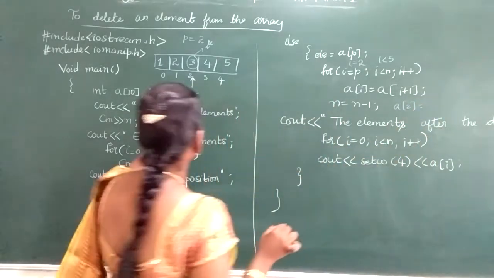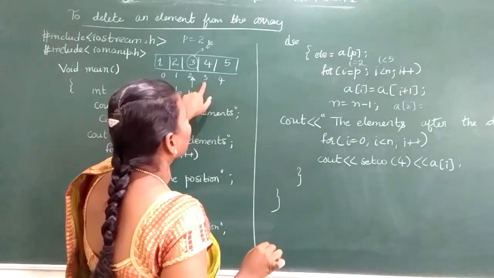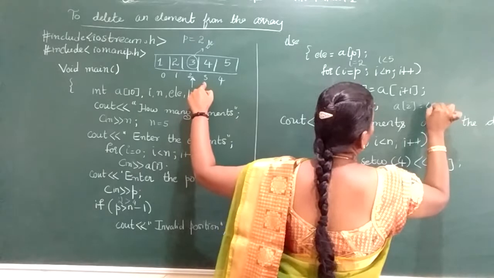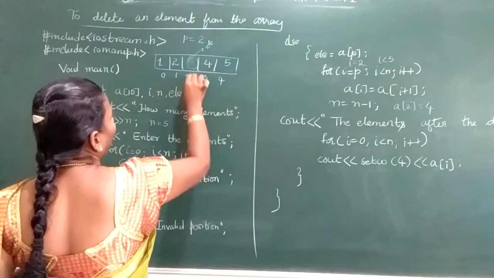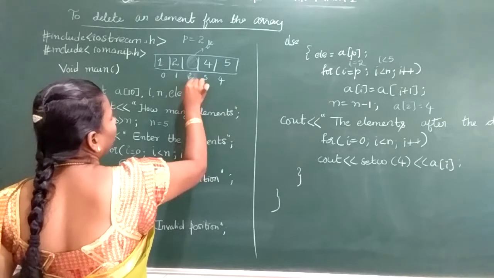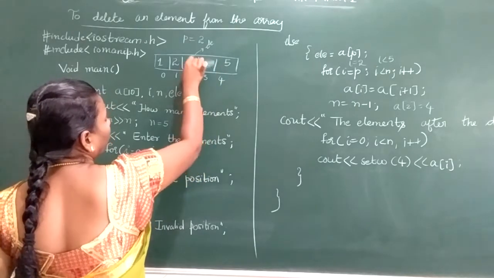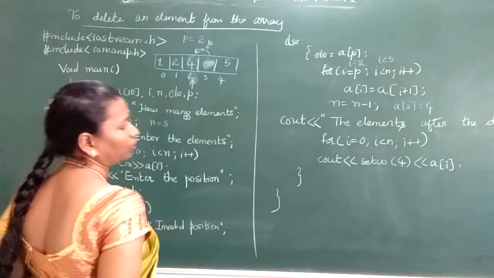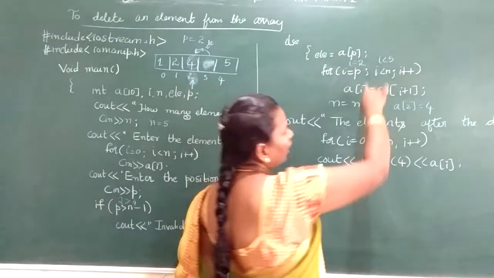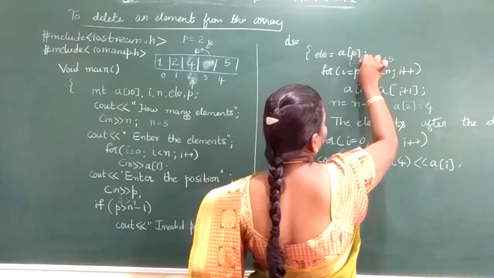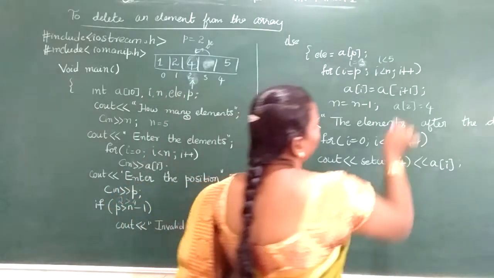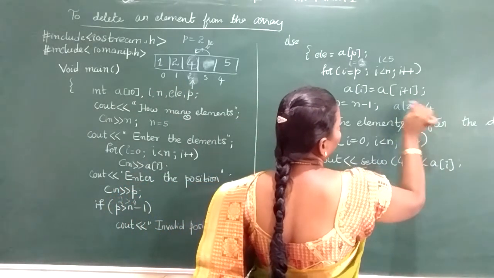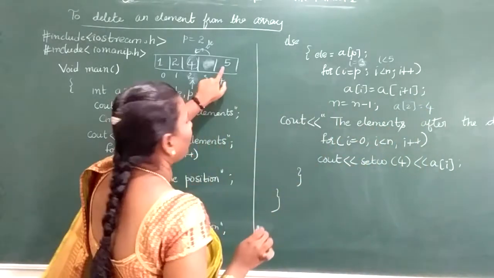This element will be deleted, so now 4 is moved from this position to A of 2. The i value gets incremented, now i is 3. So 3 plus 1 is 4, and A of 4 is 5.